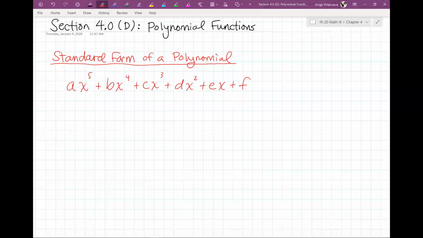Okay, so let me write that down for you guys. Descending order. This is from highest to lowest. From highest power to lowest power.